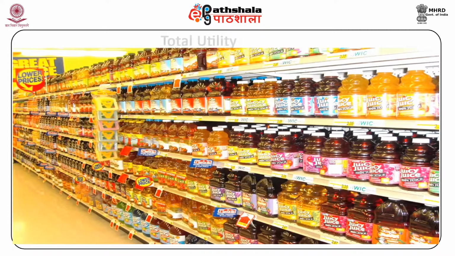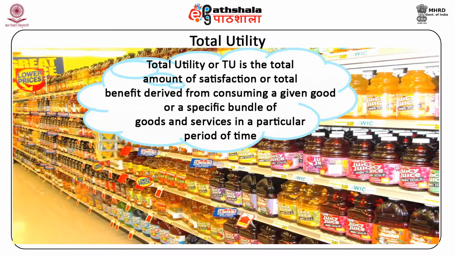Let us now consider the concept of total utility, TU. Total utility, or TU, is the total amount of satisfaction or total benefit derived from consuming a given good or a specific bundle of goods and services in a particular period of time.